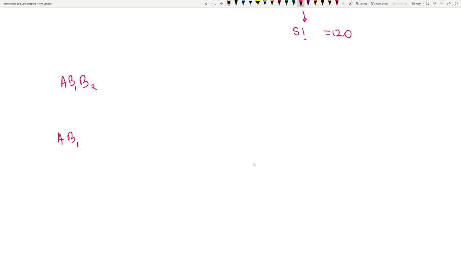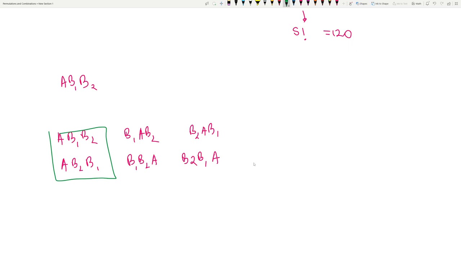So I have A, B1, B2; A, B2, B1; B1, A, B2; B1, B2, A; then B2, A, B1; then B2, B1, A. The important point here is these two are the same, then these two are the same, and these two are the same, because the B's are identical, so we can't consider them as different arrangements.